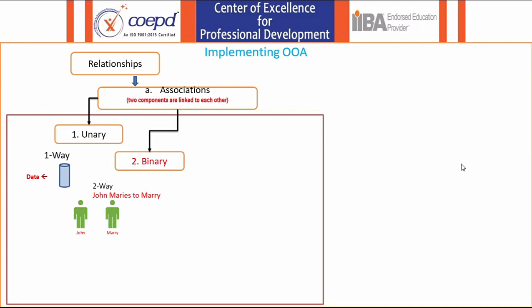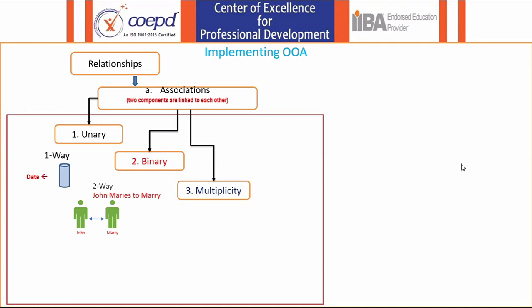Is it binary or one way? Binary. From John's perspective, he marries Mary. If you look at Mary, she marries John. It means bi-directional. Whatever it may be, you are updating it. And similarly, one more relation is multiplicity.